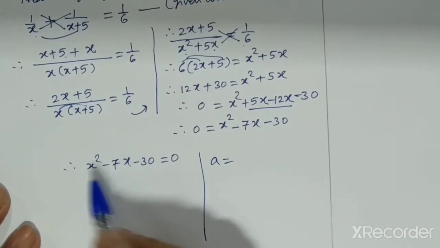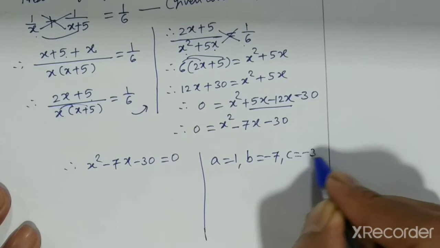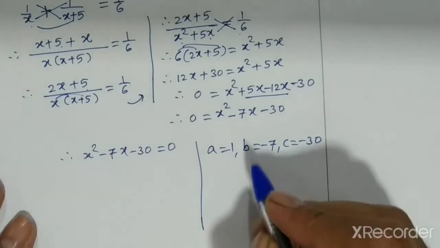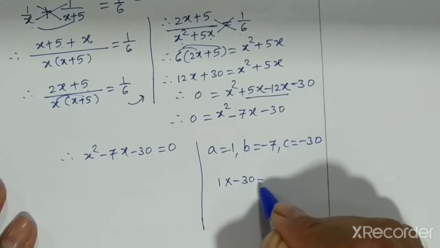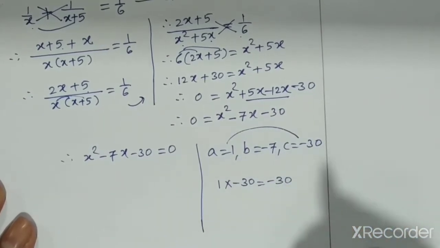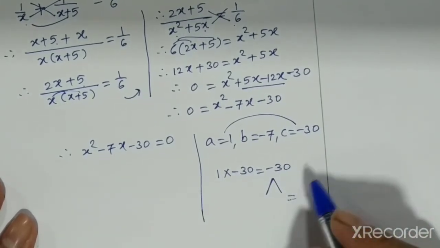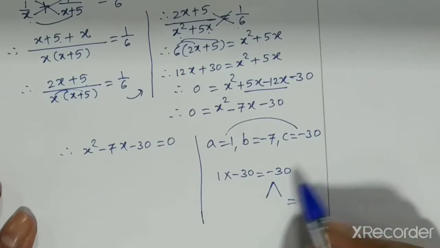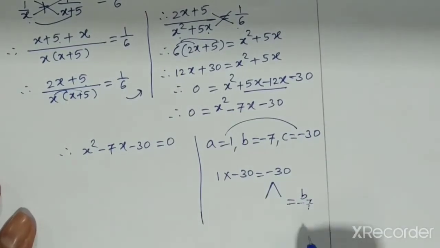So a is equal to 1, b is equal to minus 7, and c is equal to minus 30. So take the product of a and c: 1 into minus 30 is equal to minus 30. We have to find factors having product minus 30, and their addition or subtraction is minus 7.